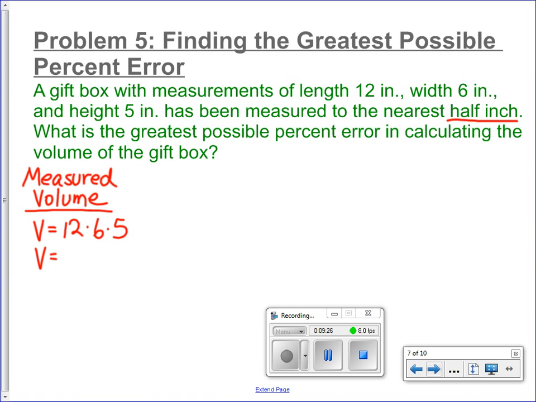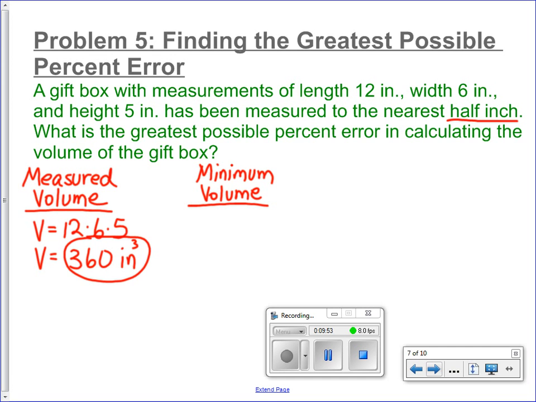So our volume is 12 times 30, which would be 360, and that would be inches cubed. Now, let's figure the minimum volume, and then we'll figure the maximum volume.